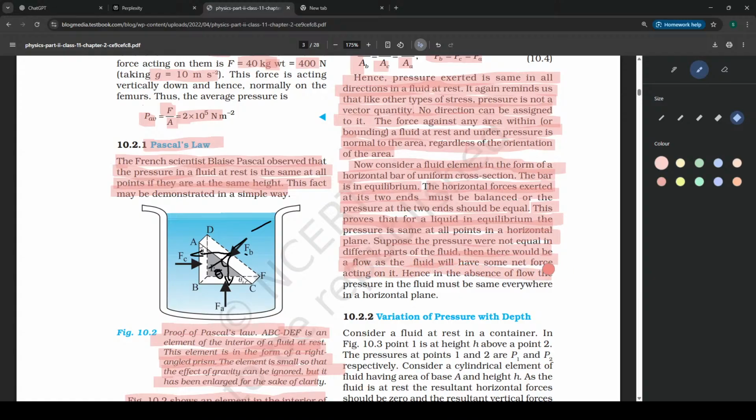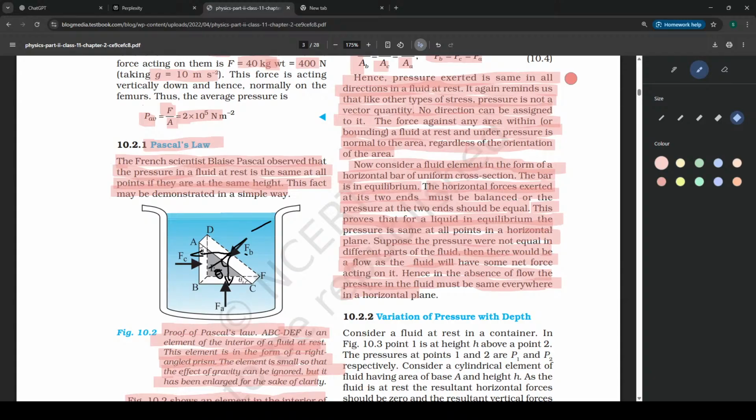Hence, in the absence of flow, the pressure in the fluid must be the same everywhere in a horizontal plane. Basically, same thing. They are using another form to say it. If the pressure was not equal, there is a net force acting on it. If pressure is equal, that means net force is zero. But if the pressure is not equal, then there is a net force acting on it.